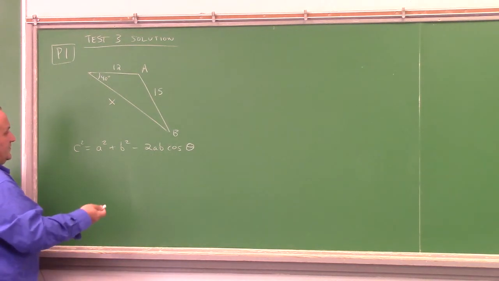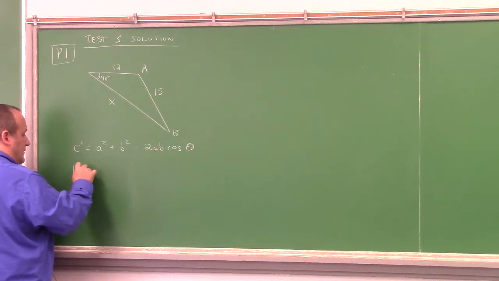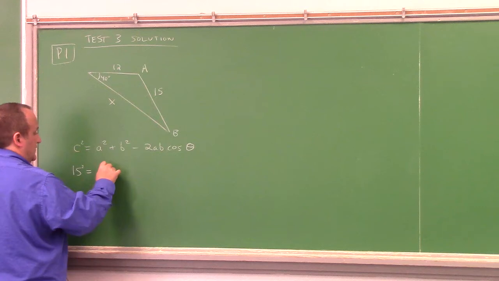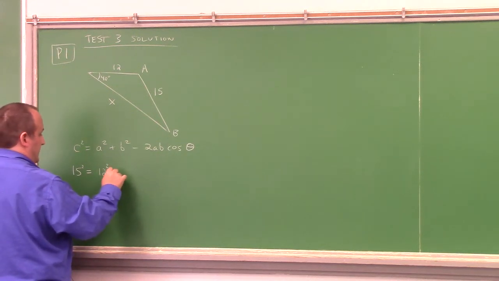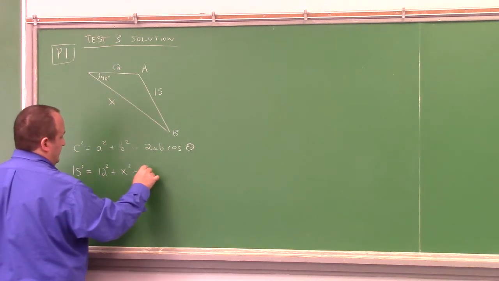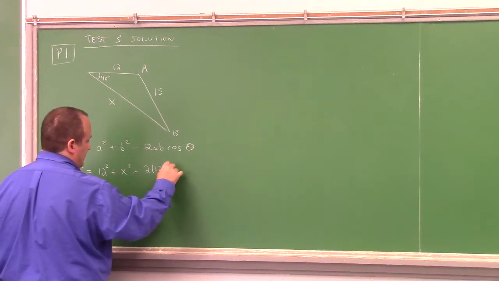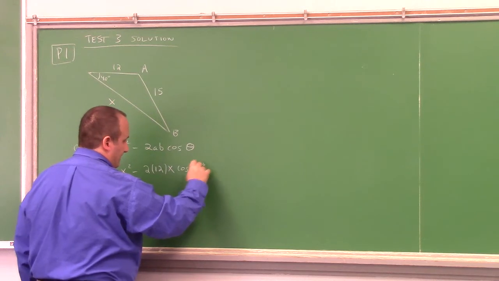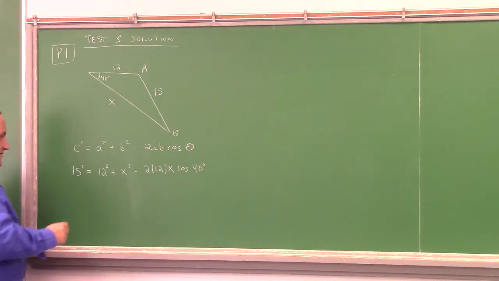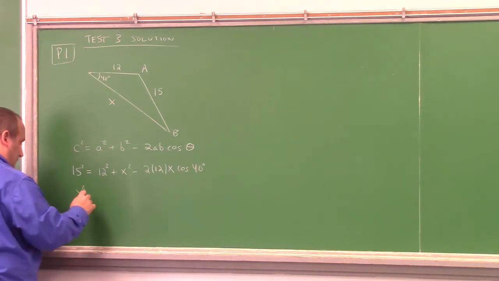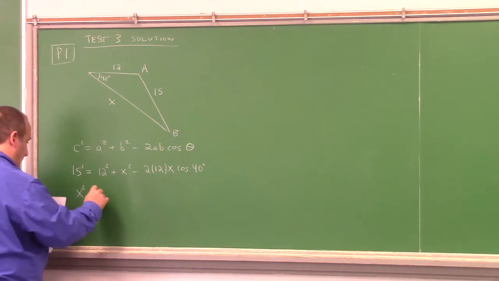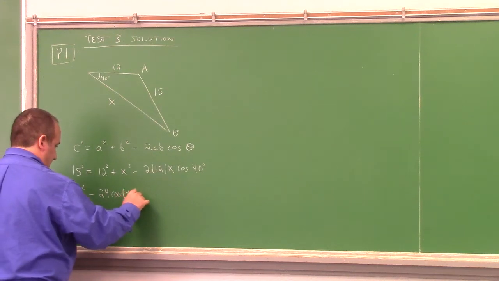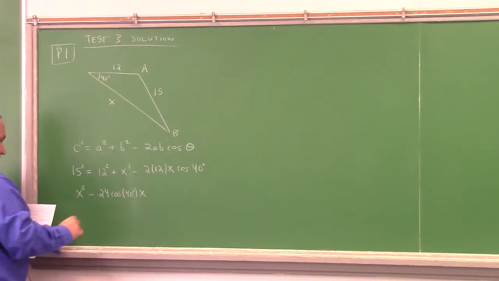So let's put this into practice. 15 squared is equal to, let's say a is 12, and b is x, so x squared minus 2 times 12 times x cosine of the angle between a and b, which is 40 degrees. All right, so you can rewrite this as x squared minus 24 times the cosine of 40 degrees x minus 81.